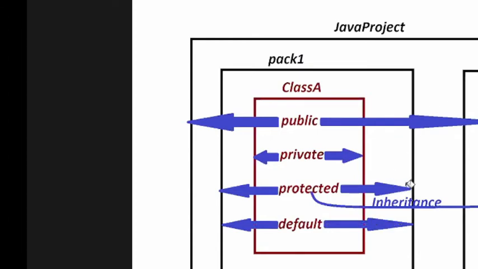So generally default means what? If you declare any programming components without any access modifier, they are considered as default.